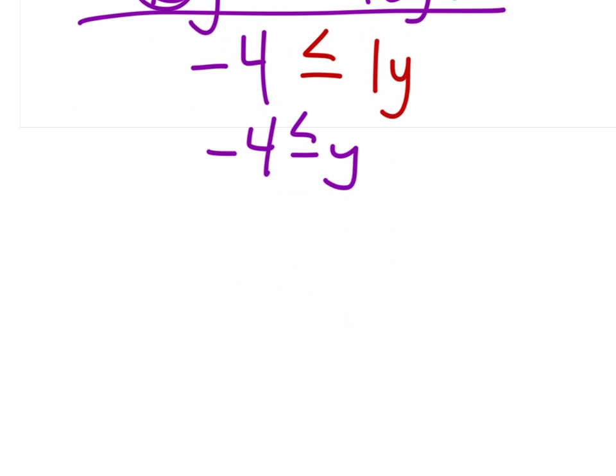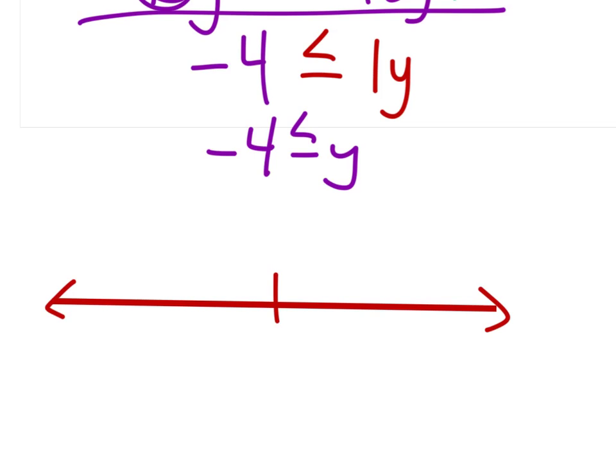Let's go ahead and graph this. So if we take a line, and we've got a negative 4, negative 5, negative 3. Don't forget that as the number line goes to the left, the negatives are going to get bigger, okay?